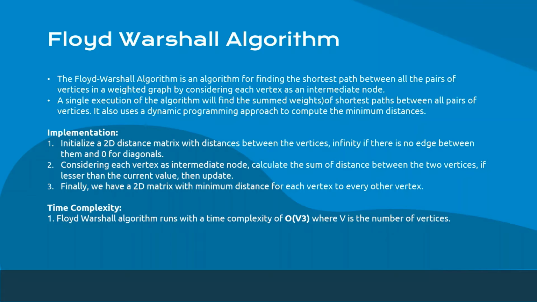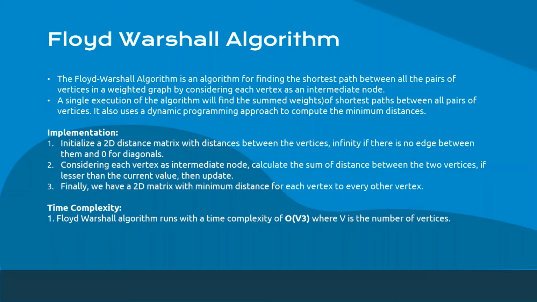Floyd-Warshall's algorithm is also a dynamic programming approach to compute the all-pair shortest path between the vertices. Here we consider each vertex as an intermediate node and compute the shortest path between two nodes. We have a 2D matrix which initially consists of the distances between the vertices, infinity if there is no direct edge between the vertices, and 0 for the diagonals.